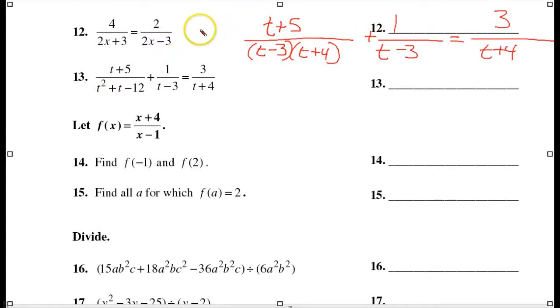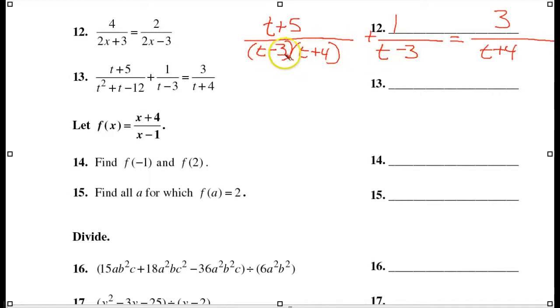All right, to start off number 13, you're going to factor this into that. And interestingly, these are the other two denominators here. And what we want to do when we have this type of equations with fractions in it is to get rid of the fractions by multiplying every term by the greatest common denominator, or the least common denominator, whatever.